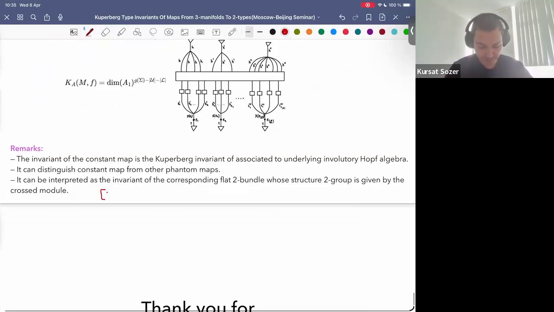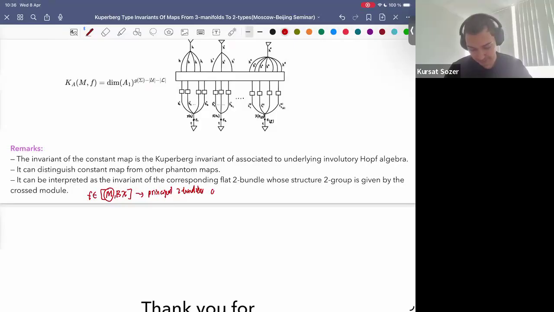And the last thing is that this invariant can be interpreted as an invariant of principal 2-bundles over this three-manifold. The homotopy classes in here are principal 2-bundles over M. Since each element here corresponds to some principal 2-bundle over M, the invariant associated with these homotopy classes can be interpreted as an invariant of such geometric structures.